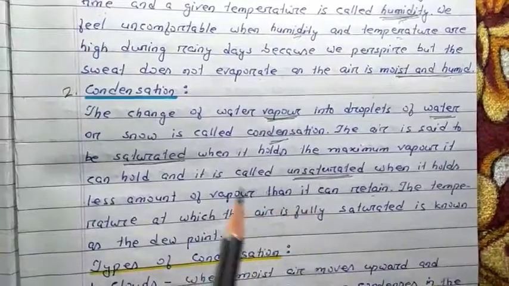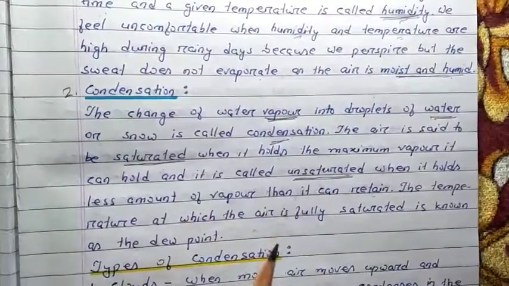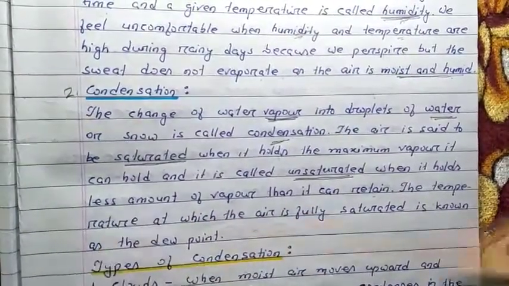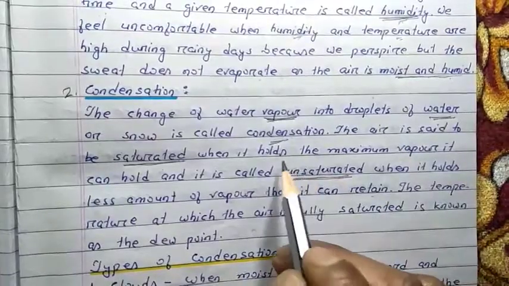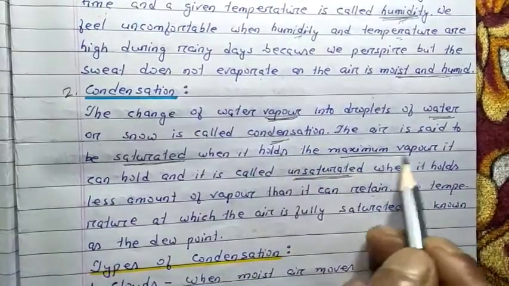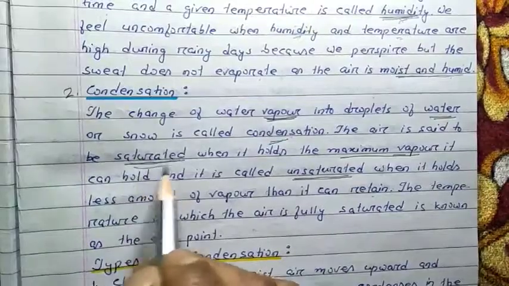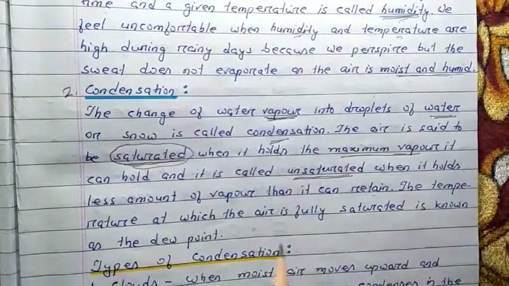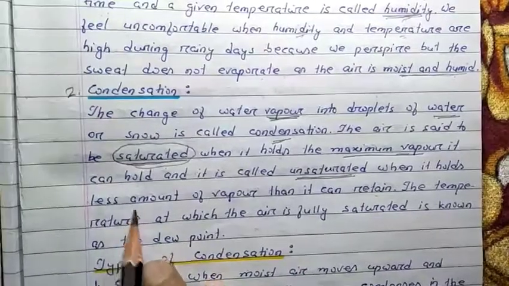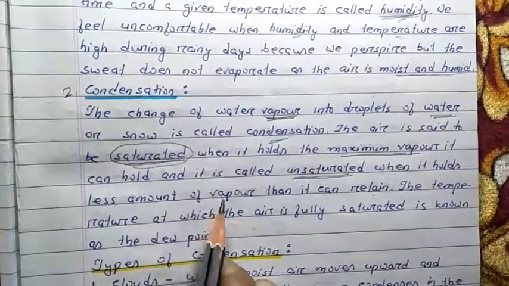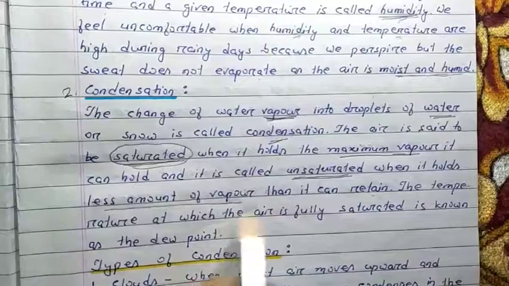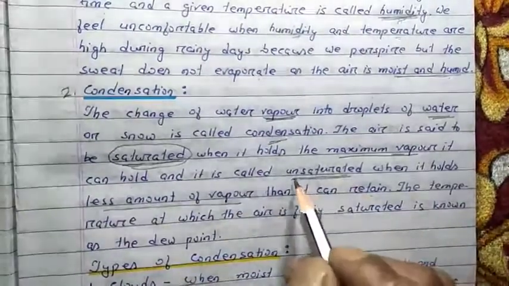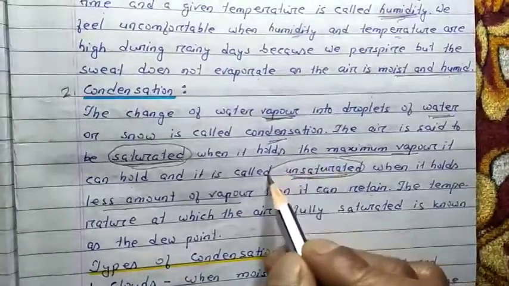At the same time, air also has got one limit to hold or to retain the water. If the air holds the maximum vapor it can hold, that air is known as saturated air, means it cannot retain any more moisture or water. And if the air holds less amount of vapor than it can hold, that air is known as unsaturated air.